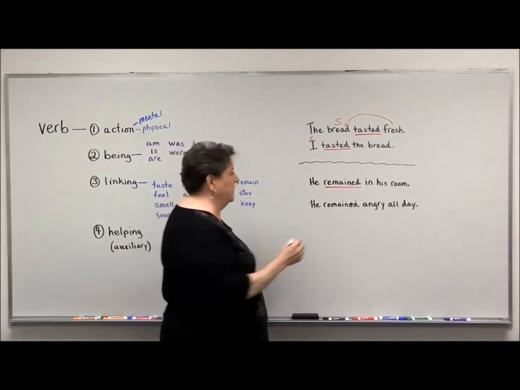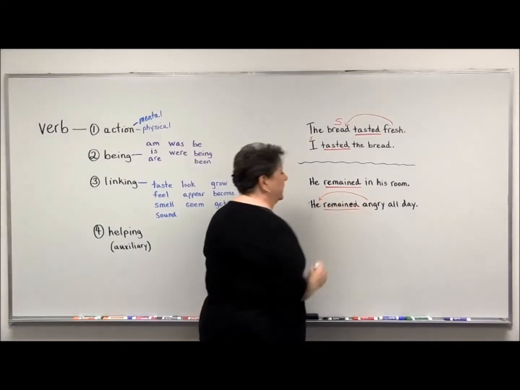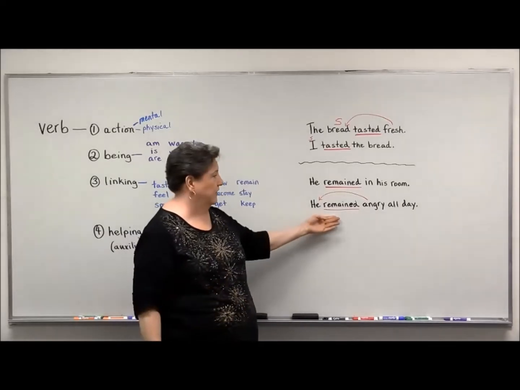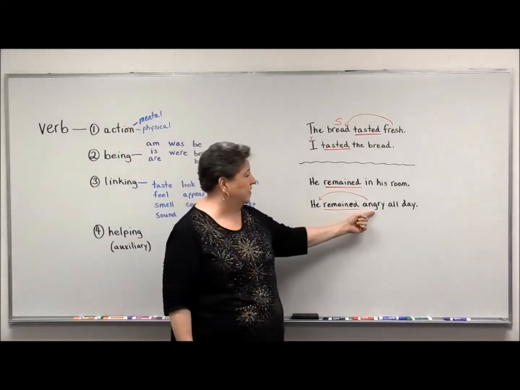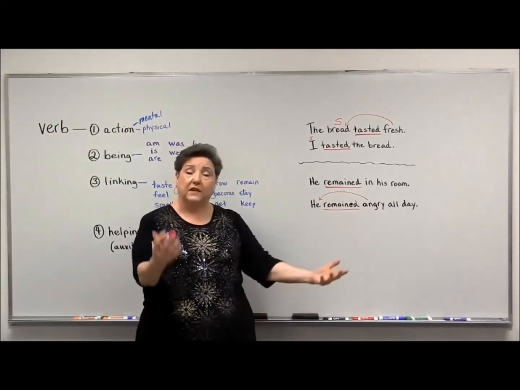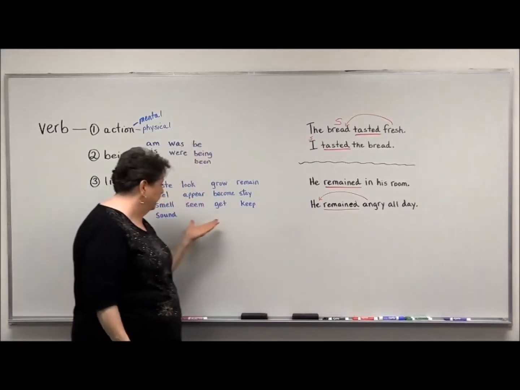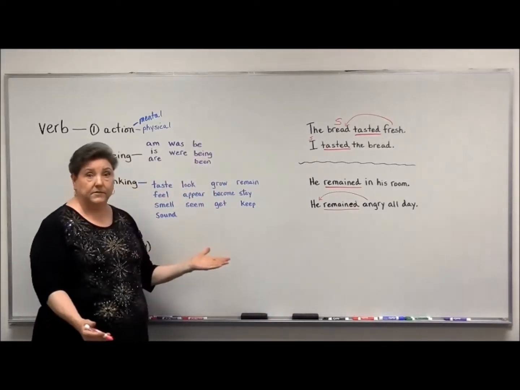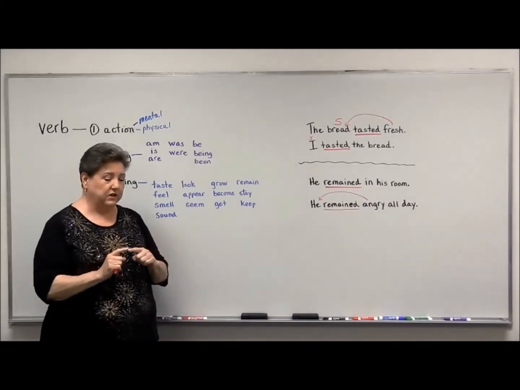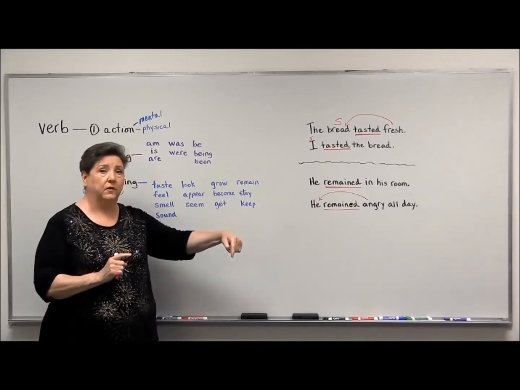Angry is describing the subject, and the verb is connecting them. This one's not action here. It's being connected with the adjective angry, describing the subject. So that's what linking verbs do. We call them sometimes linking because sometimes they're action. How do you know? Is the subject being connected to a word over here that describes it?